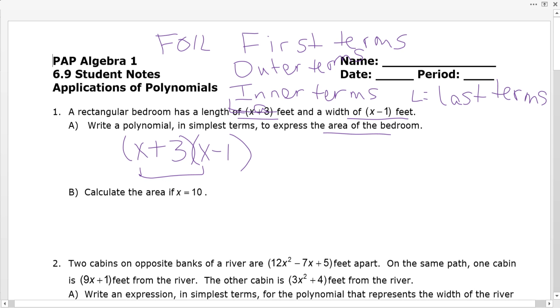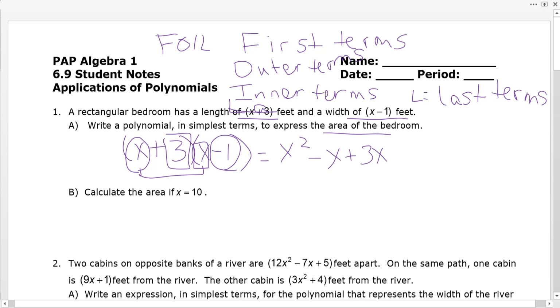That's the first terms, which is x squared. Outer terms would be the x and the negative 1. So I have minus x. Inner terms would be the 3 and the x, which is plus 3x.